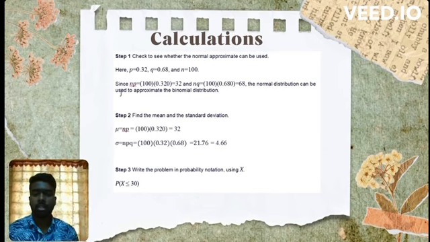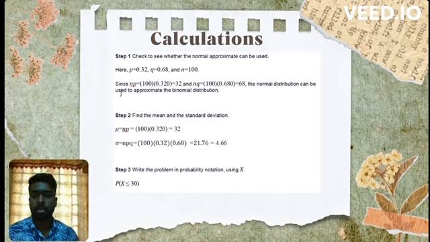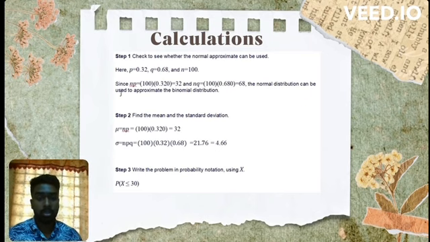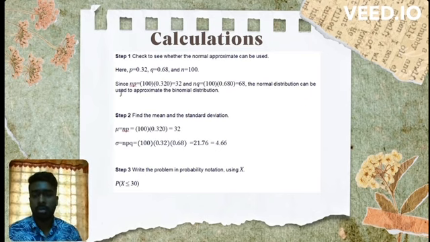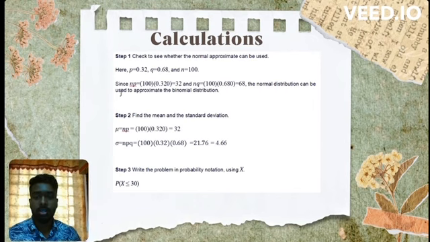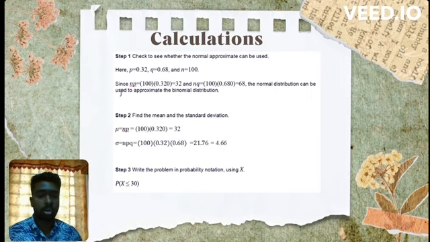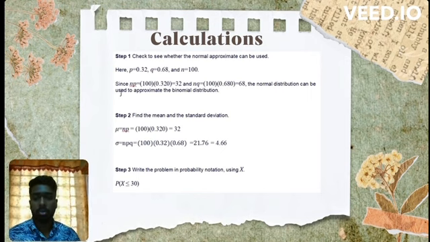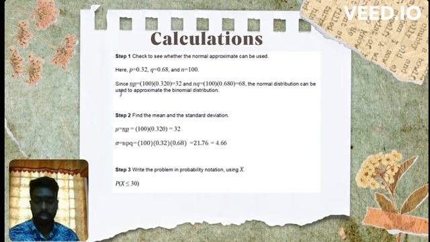For the calculation part, step 1 is we need to check whether the normal approximation can be used or not. Here p equals 0.32, q equals 0.68 and n equals 100. Since np equals 32 and nq equals 68, the normal distribution can be used to approximate the binomial distribution.